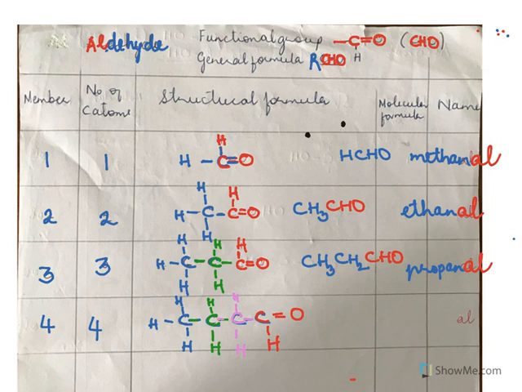So the formula for this is CH3 for the first, CH2, CH2 for the second and third, and the fourth one CHO. 4 carbons means butane, B-U-T-A-N-E. You remove the E and put Al: butanal, a 4 carbon aldehyde.